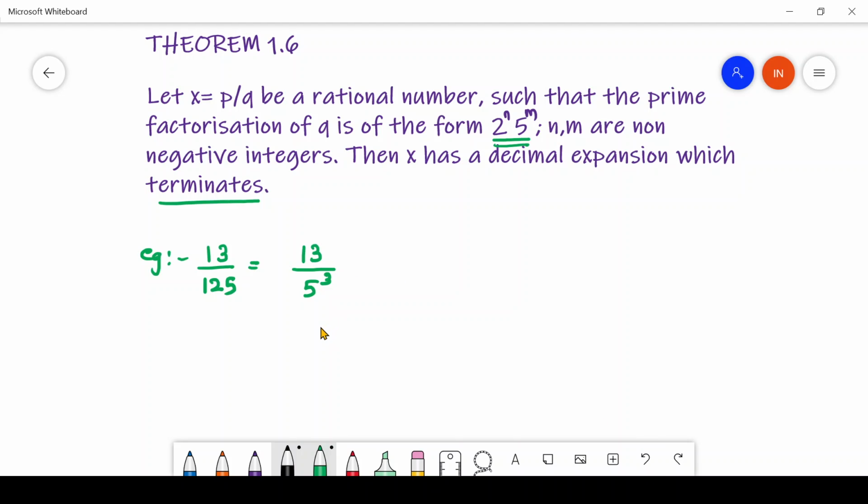Is it 5 raised to 3? Yes. Now I'm going to multiply the numerator and denominator with 2 cube. So 13 into 2 cube by 5 cube into 2 cube. When we multiply the denominator with a number, we have to do the same with the numerator also. Then only it will be correct. So this can be changed to 104 by 10 cube.